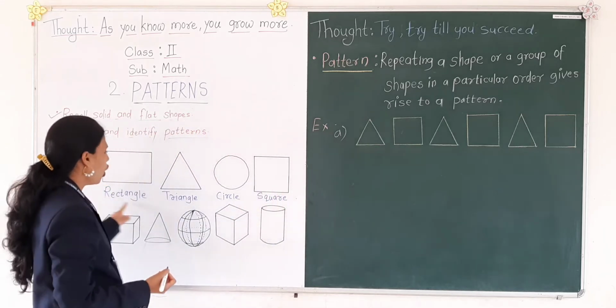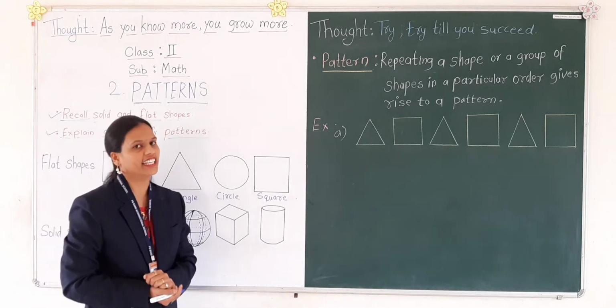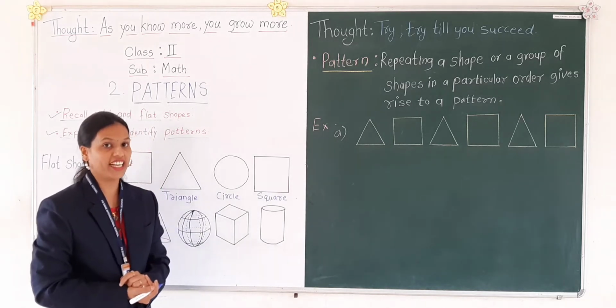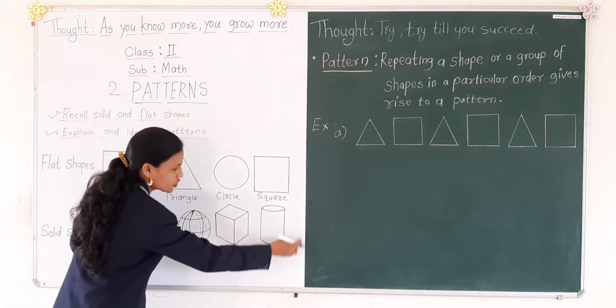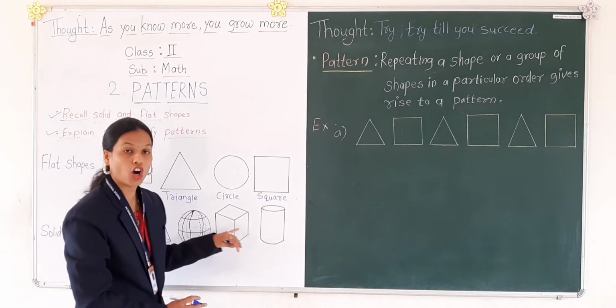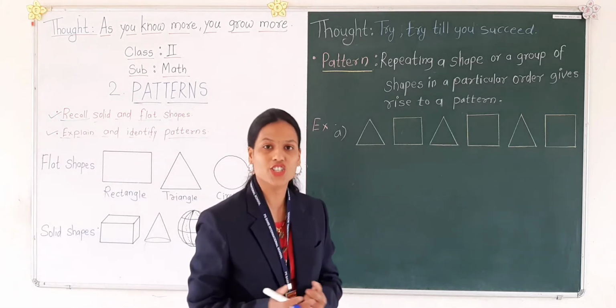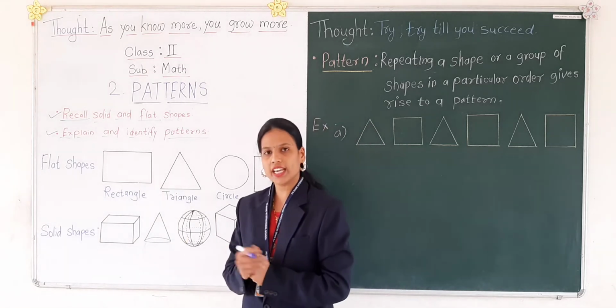Understood? All these flat shapes we have already learned in lesson number 1. With the flat shapes, we have already learned these shapes also. These are our solid shapes. Can you tell me the names of the solid shapes?